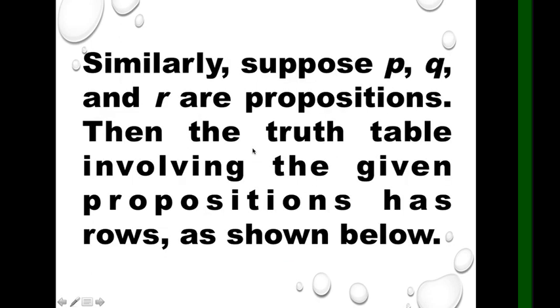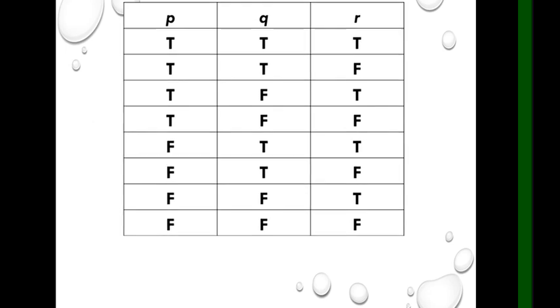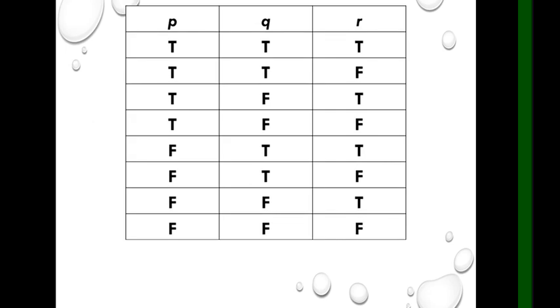Now similarly, suppose P, Q, and R are propositions. So as you can see, we have 3 propositions now. Then the truth table involving the given propositions has rows as shown below. So we have 2 raised to 3, that's 8. So let's count: 1, 2, 3, 4, 5, 6, 7, 8. So we have 8. 8 divided by 2 is 4. So we have 4 true and 4 false.